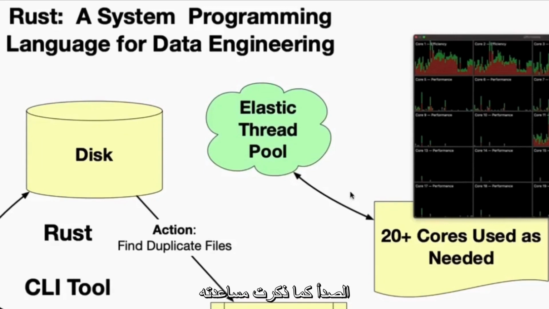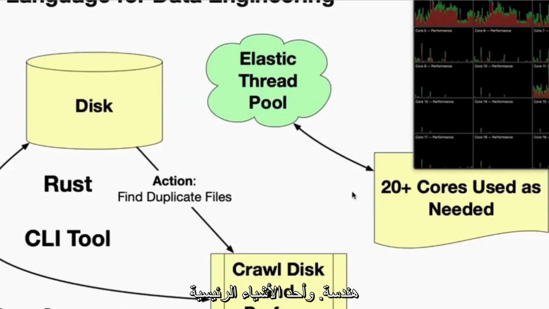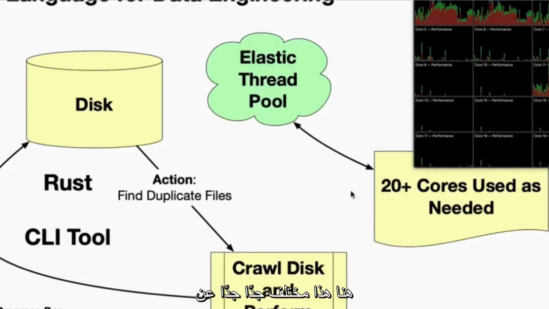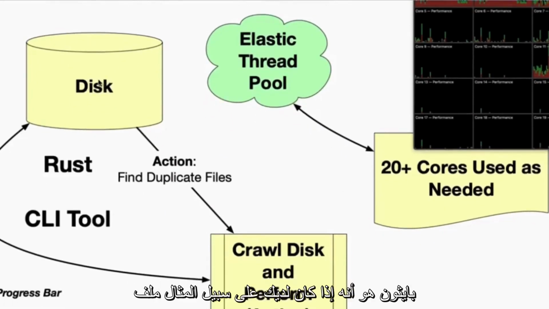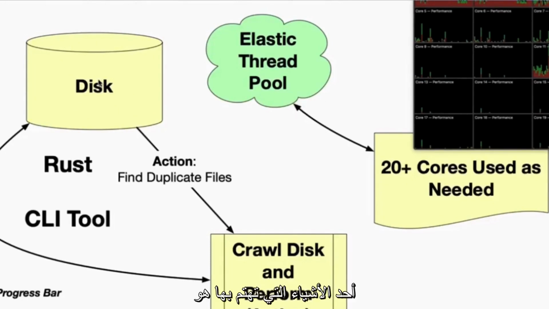And Rust, as I mentioned, is a systems programming language for data engineering. And one of the key things here that's very, very different than Python is that if you had, for example, a petabyte file server, which is very common, or you used Amazon EFS, one of the things that you care about is the ability to efficiently use memory and have high performance code. We know that Rust can be 7 times faster than Python, and it also has extremely low memory usage because it's sharing memory when you spawn threads.